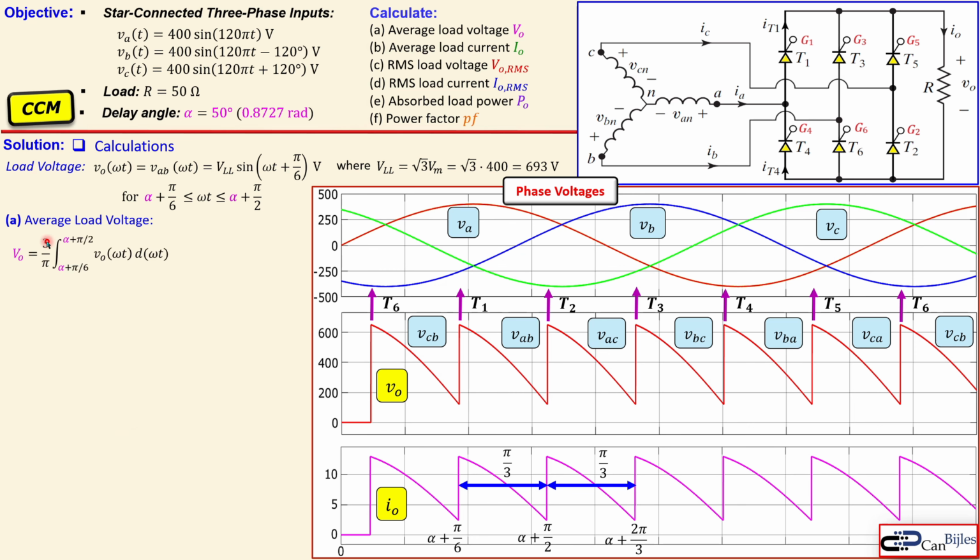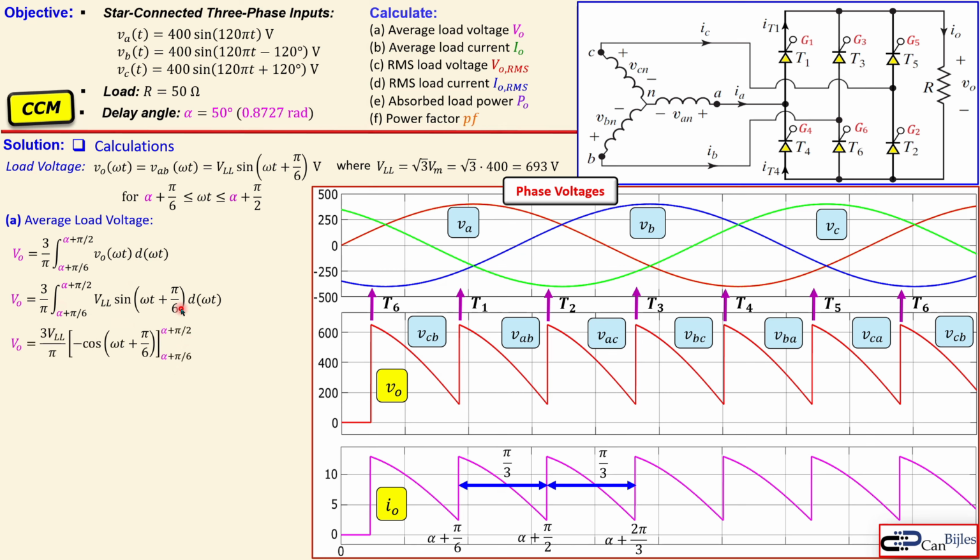Okay, we again use the formula for the average load voltage. This is actually the formula again, so 1 over pi over 3, which results in 3 over pi, and then integrate this. That's shown here, so we substitute this expression here, and now you can calculate that, evaluating in a similar form.